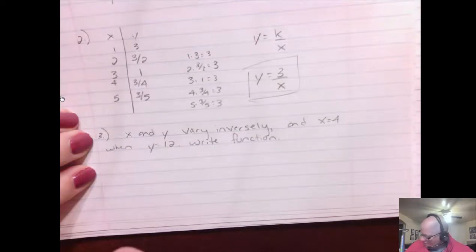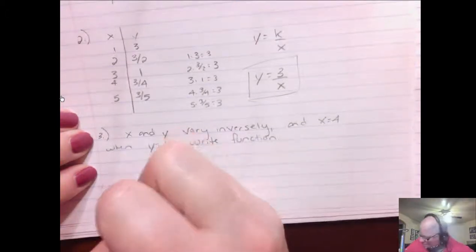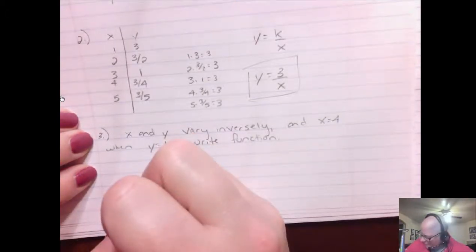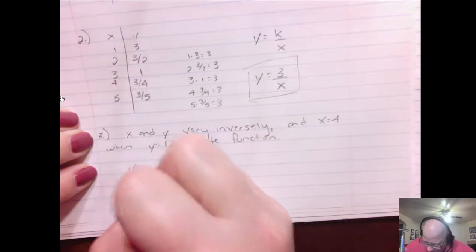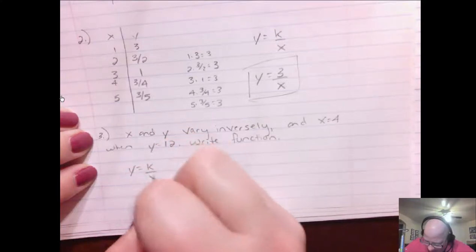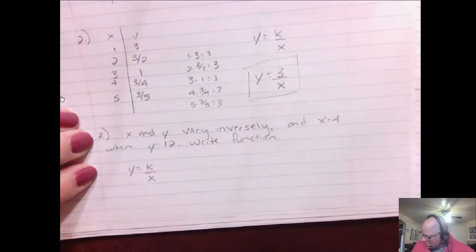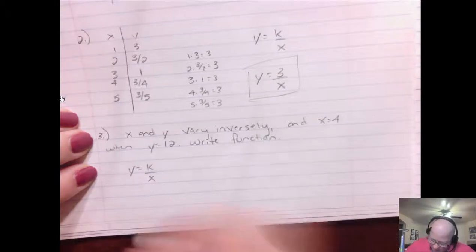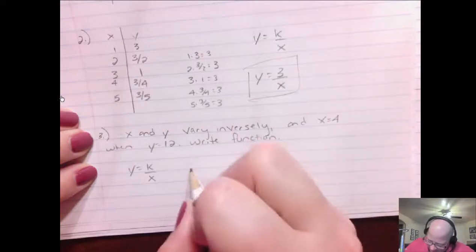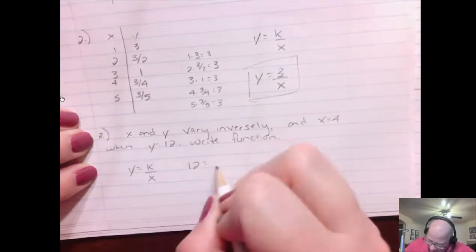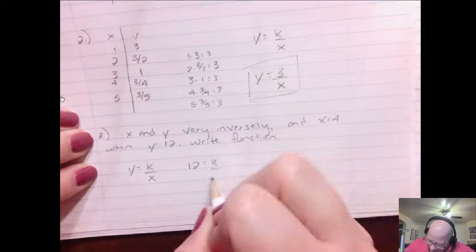So we know that the general formula is y equals k divided by x. So here's our general formula. So let's put in the numbers that we know. So this is our step 1. They gave us an example. So it's 12 equals k divided by 4.